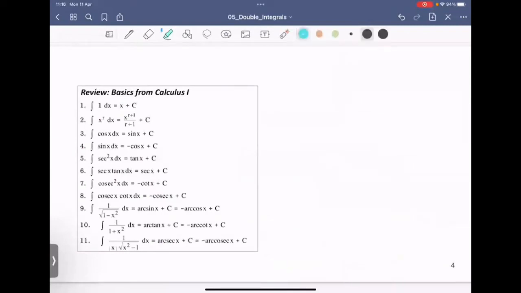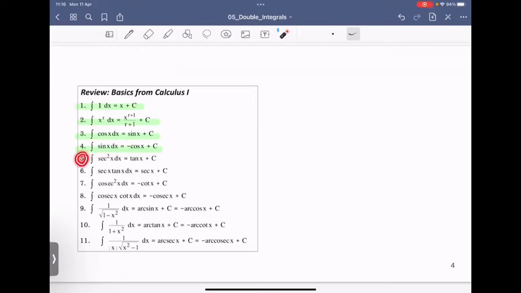The ones you need to memorize are 1, 2, 3, 4, the ones you use again and again. Integrate 1, you get x. Integrate x to the r, you get x to the r plus 1 over r plus 1. Integrate cosine, you get sine. Integrate sine, you get negative cosine. You use these again and again and again.